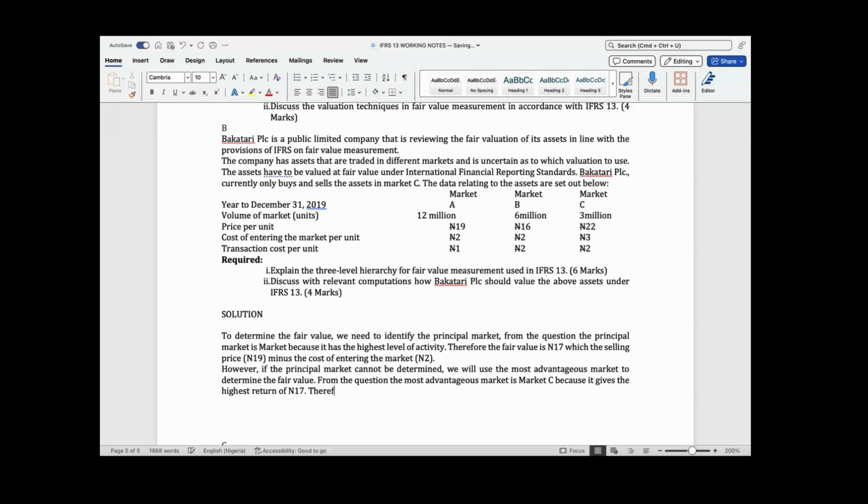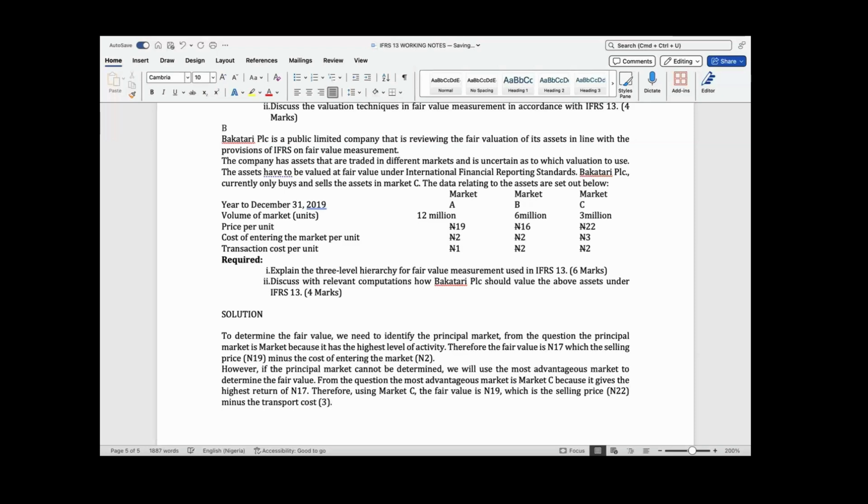Therefore, using the most advantageous market, market C, the fair value is 19 naira, which is the selling price of 22 naira minus the transport costs of 3 naira.